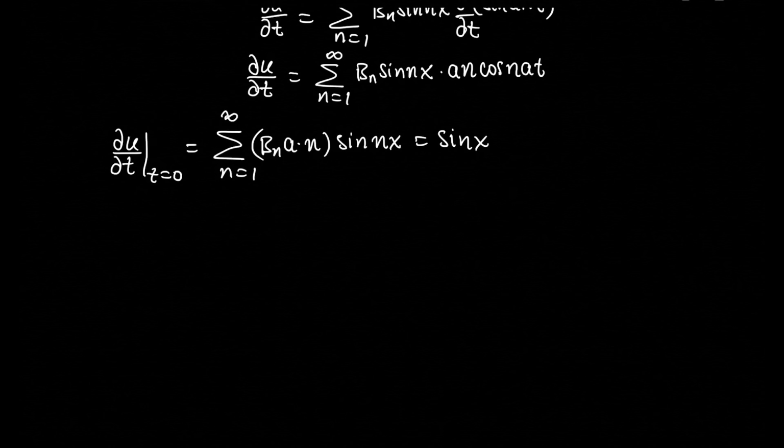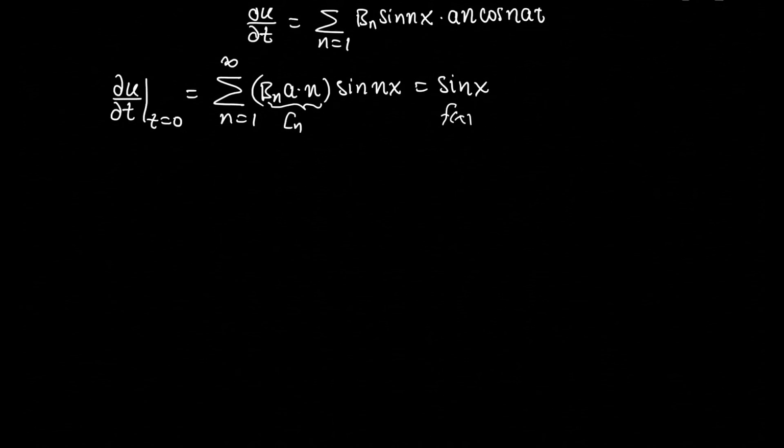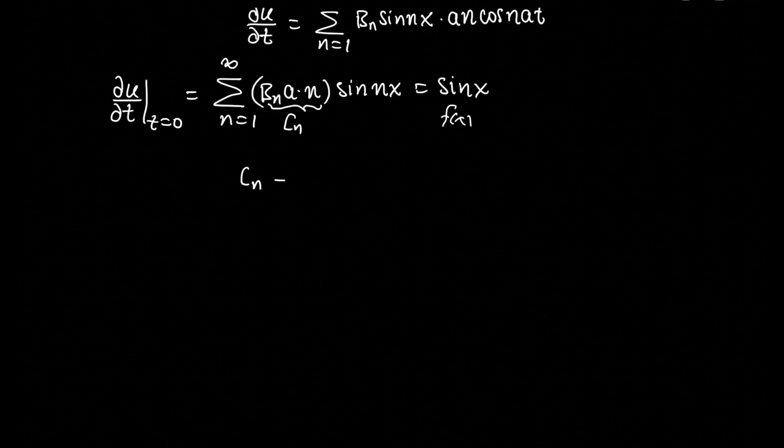From here, it is just a Fourier series again, where all of this is your constant, like Cn, and this is your function f(x). So you have that your big Cn is 2 over pi, integral from 0 until pi, of f(x) sine nx dx.